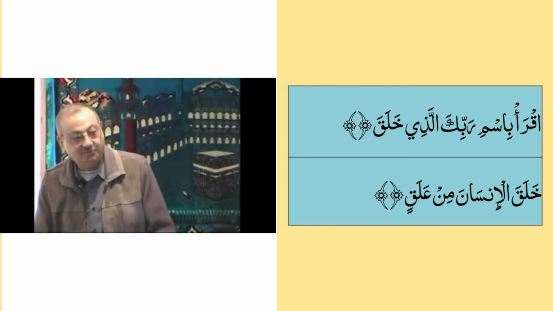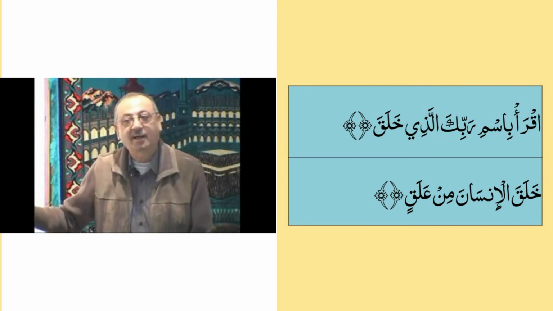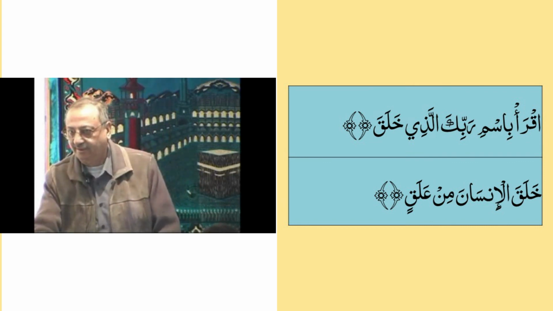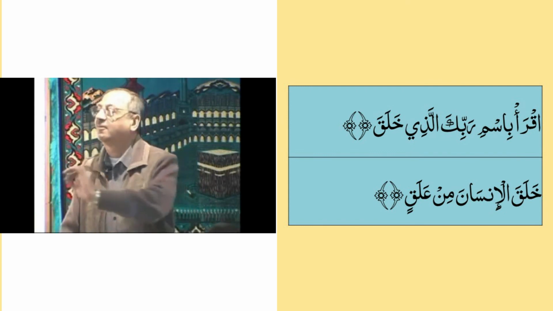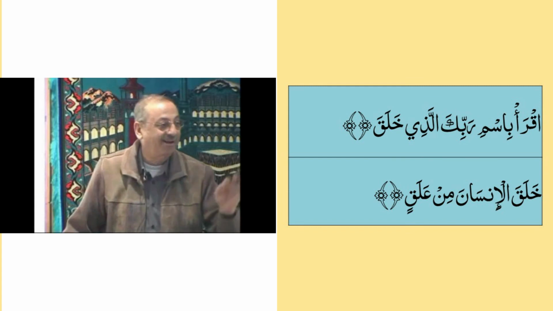And what is khalaqa? Fi'l madi. Where is the fa'il? Mustatir, taqdiruhu huwa, referring to Rabbi. But before, what you said is correct. But I would rather say khalaqa is a jumla fi'liya, a complete verbal sentence with fi'l and fa'il.